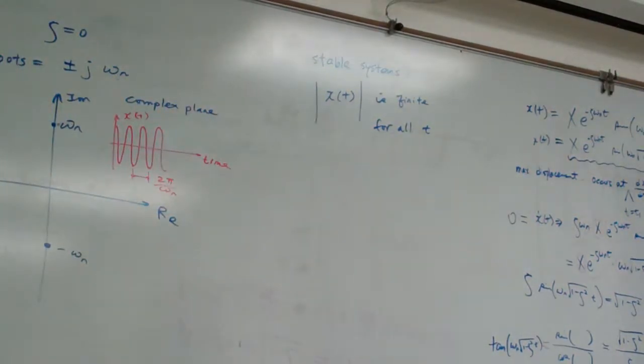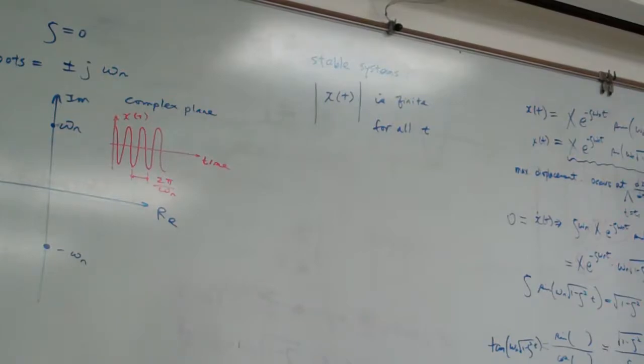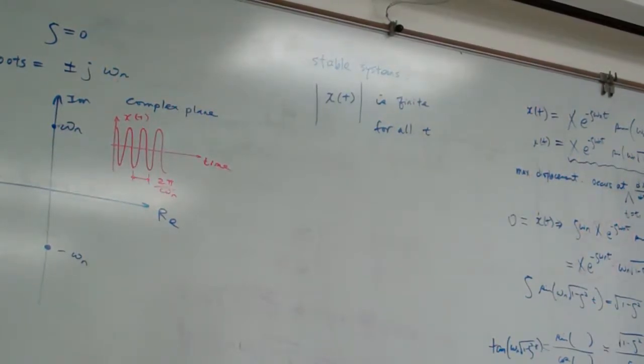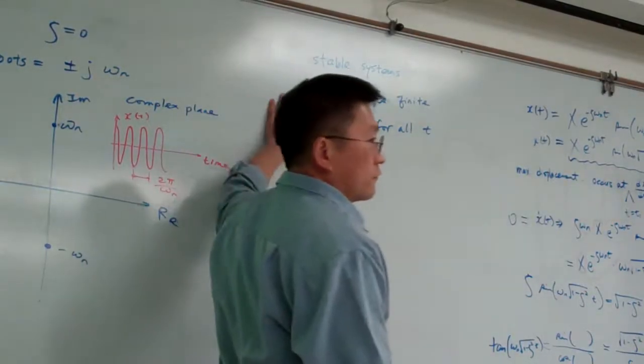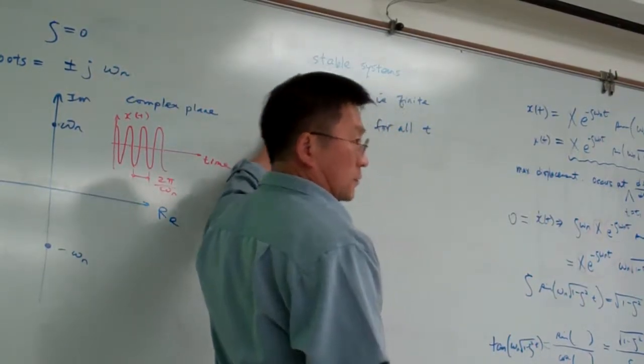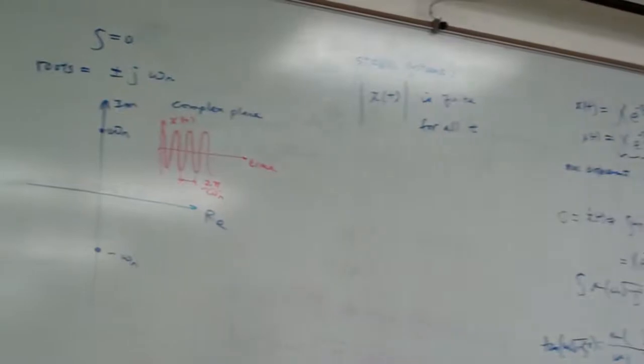So that's called a stable system. That means we don't expect x of t to explode; it keeps a finite value. Otherwise, we define the system as an unstable system. So let's use that definition to check against what we have learned here.